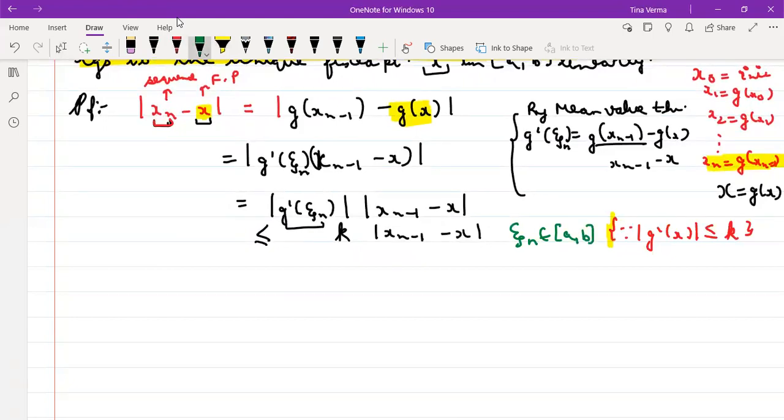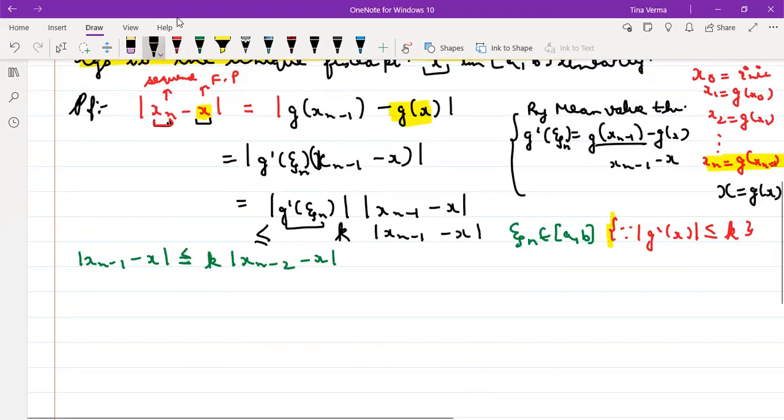Right? If you apply again this condition on xn minus 1 minus x, xn minus 1 is also your sequence point, so inductively this will be equal to k times xn minus 2 minus x. Will it not? Yes or no?